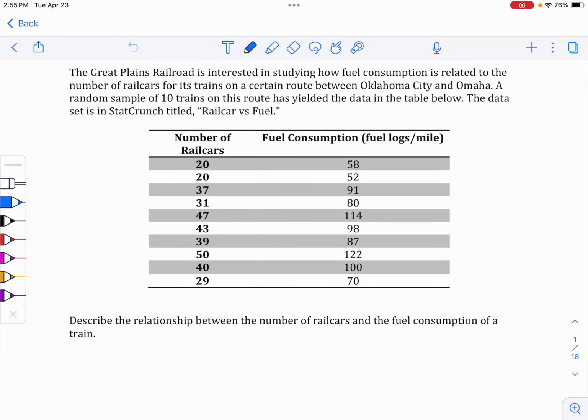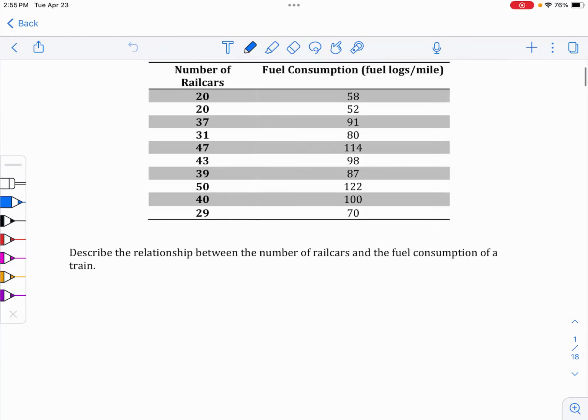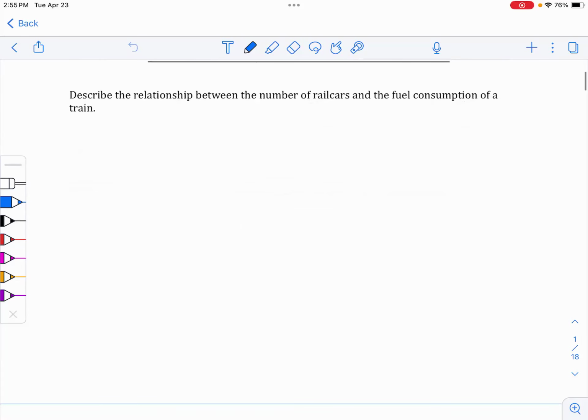So the very first question to ask, and this is the extension of what we were doing last time, describe the relationship between the number of rail cars and the fuel consumption of a train. In order to do that, we need to make our new picture. Whenever it says describe the relationship or association, our new picture is a scatter plot.